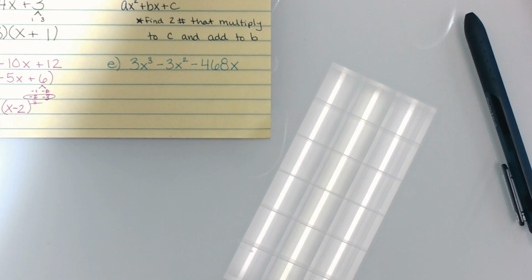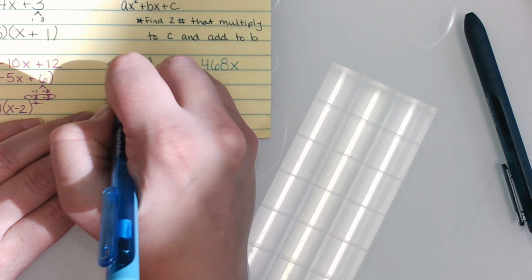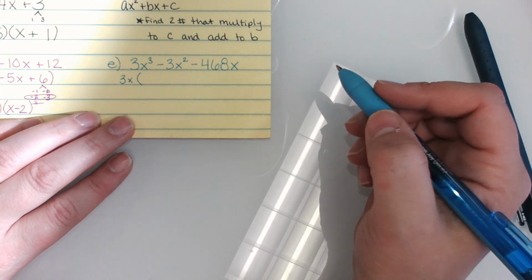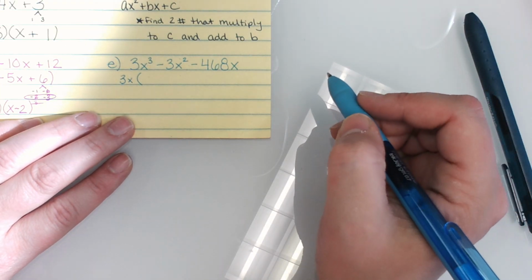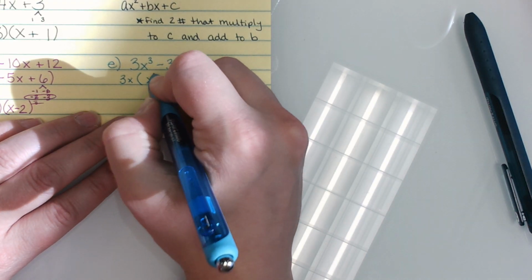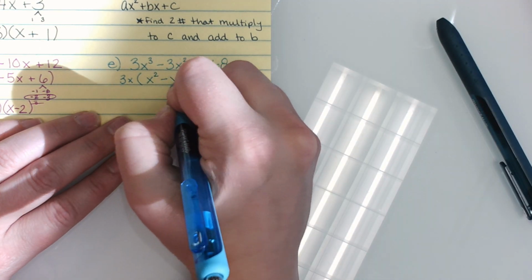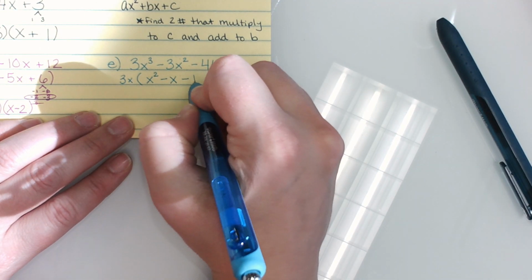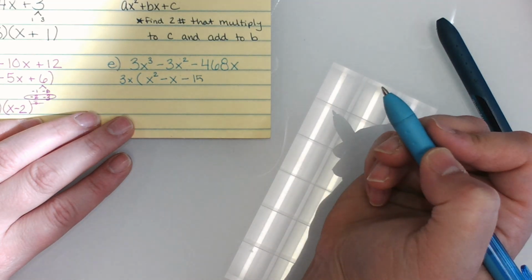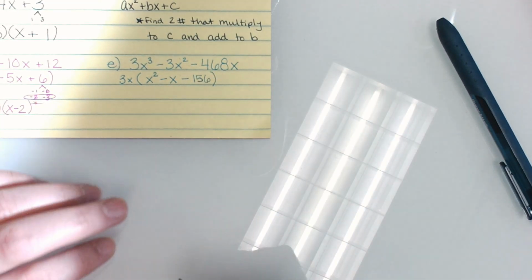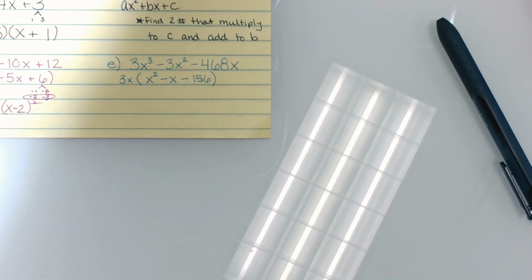GCF? 3x. Divide out 3x and I'm left with x squared minus x minus 156. I just did it to figure out if the greatest common factor was in fact 3. It is.